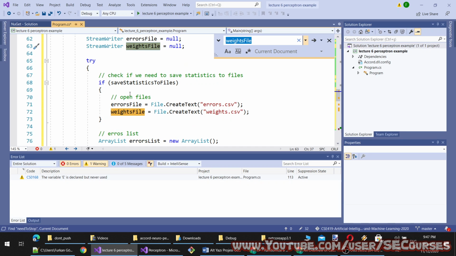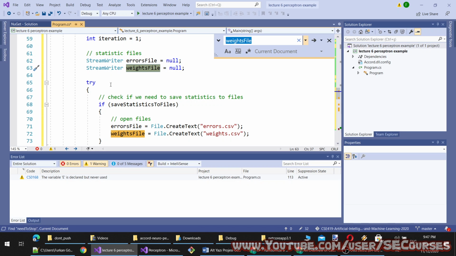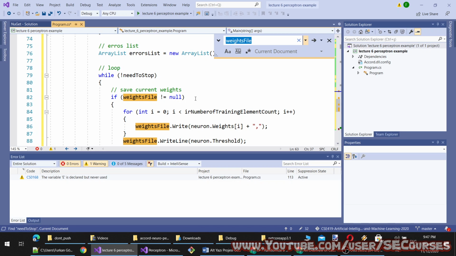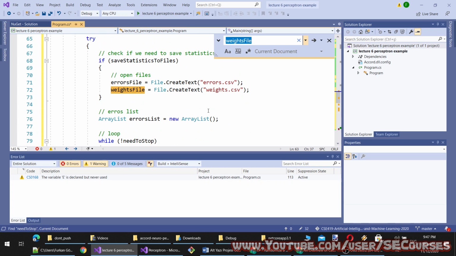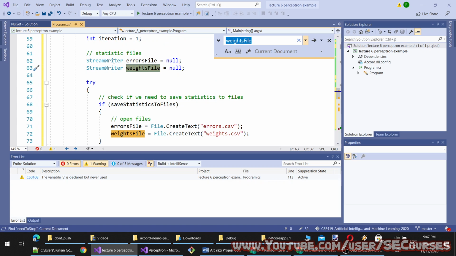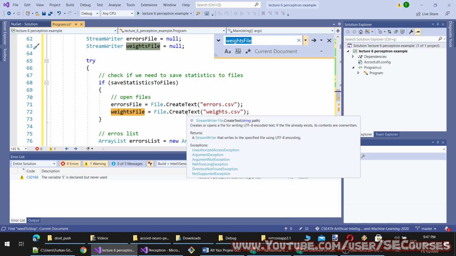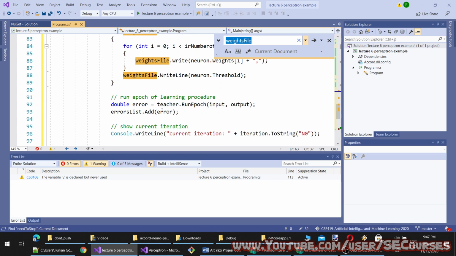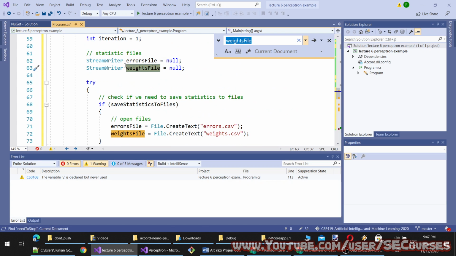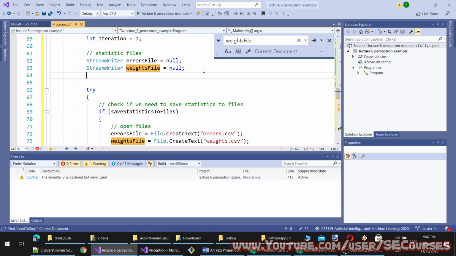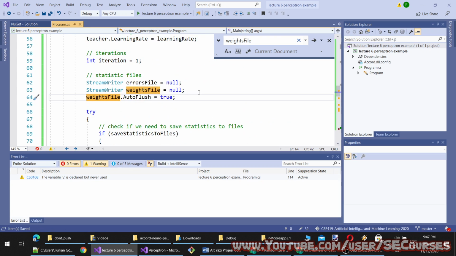Okay, so this is opening the file. There is write and write line. Yeah, okay, this should work. I'm going to set this as auto flush true so we can see.